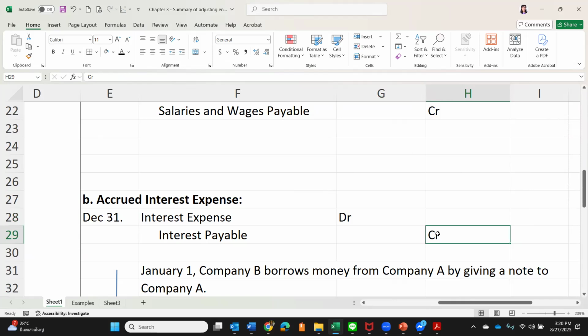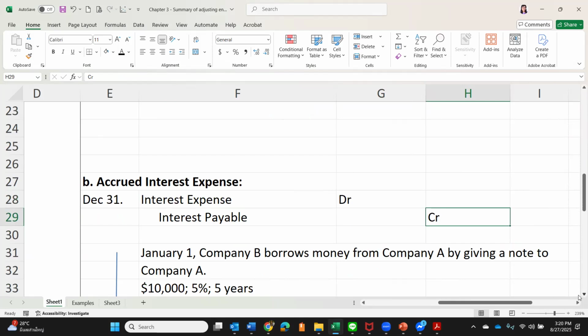Now let's look at another example. On January 1, company B borrowed money from company A by giving a note to company A. Okay, 10,000, 5% per year, and this will be for 5 years.